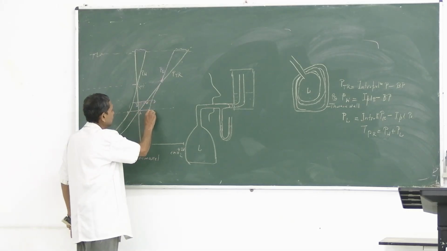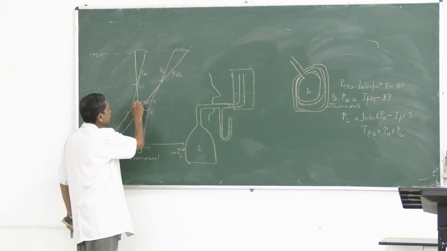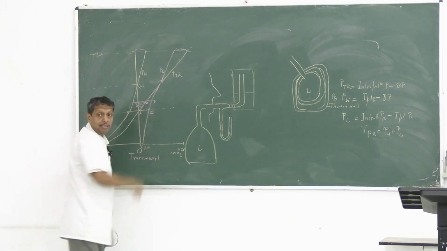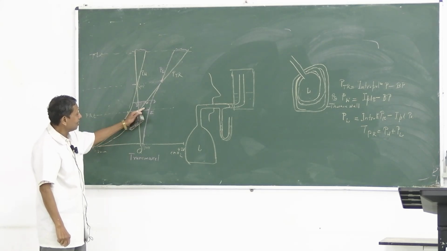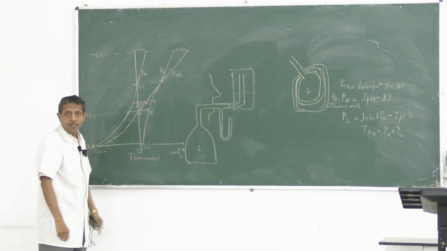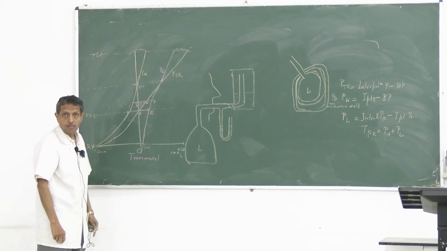D, A, B, D, E, A, this total area is for the lungs. So elastic work required by the total respiratory system is less than that of the lungs alone.